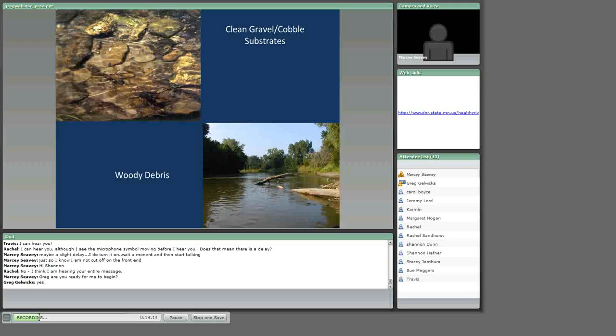Woody debris in turn provides cover for fish as well as creating diversity in velocities and depth around this structure, but it also serves as important substrates for invertebrates.